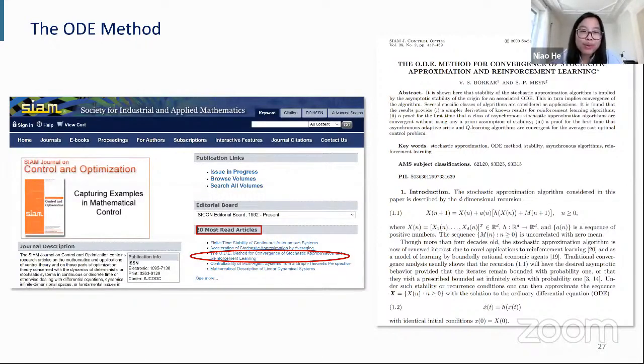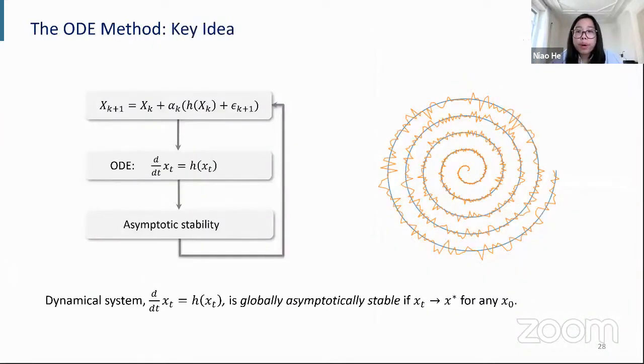And it's in fact also one of the 20 most read articles in the SIAM Journal on Control and Optimization. Many of you are probably familiar with the main idea of this ODE approach. Basically, we can analyze the convergence of any stochastic approximation algorithm by simply tracking the associated ODE in the steady state, right?